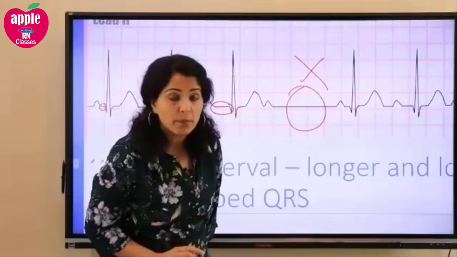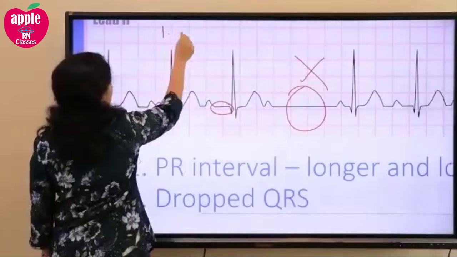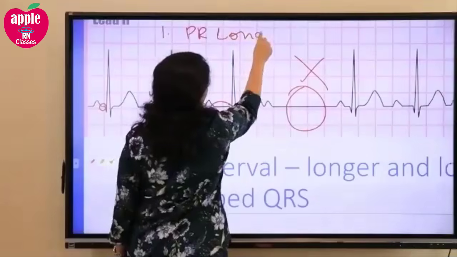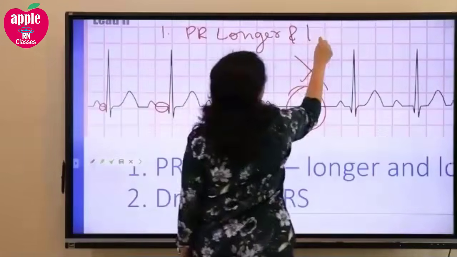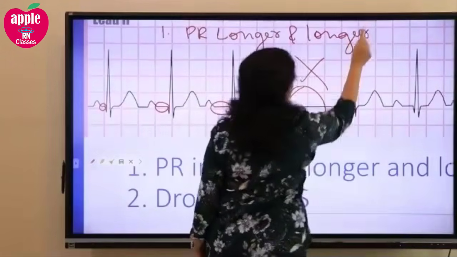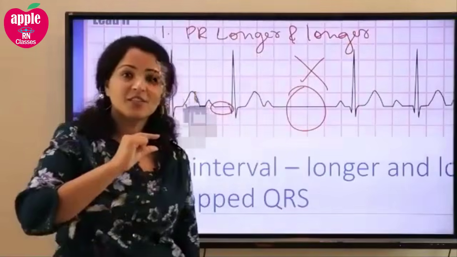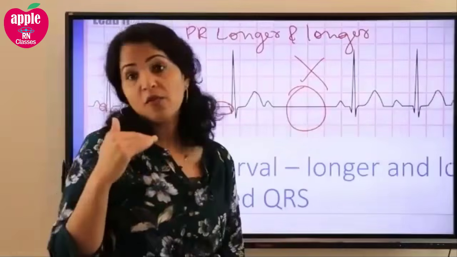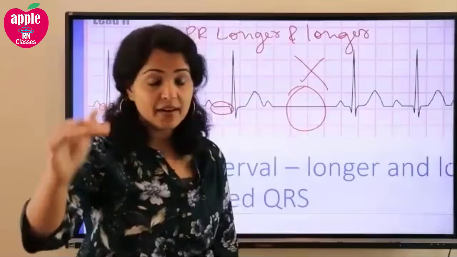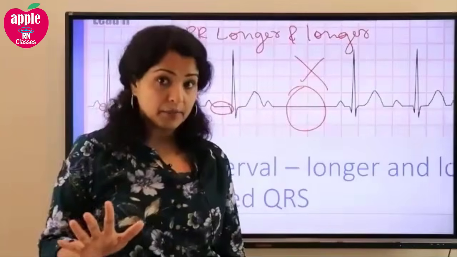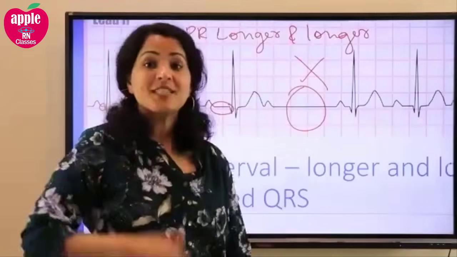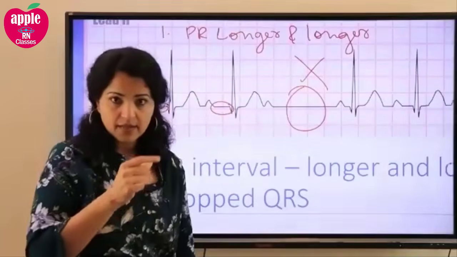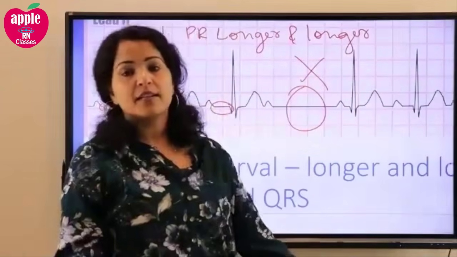Two things to remember. Number one, PR is going to be longer and longer. Okay, PR interval is going to be longer and longer. P will always be there. P will always be on time. P will be regular. P is just sitting there on time. It's the QRS that is taking longer to come. So the PR interval is going to be like this, then a little more, and then there is no QRS.